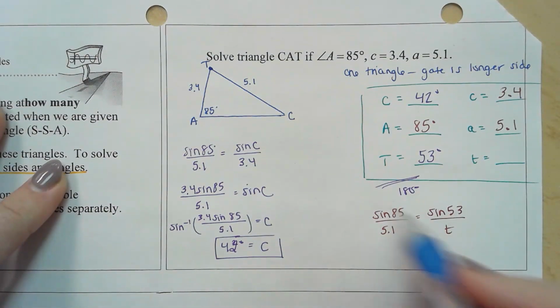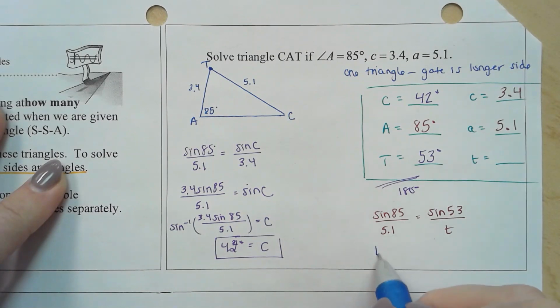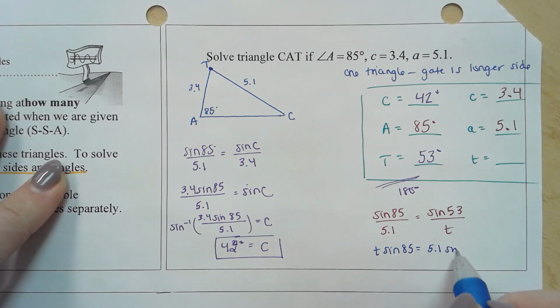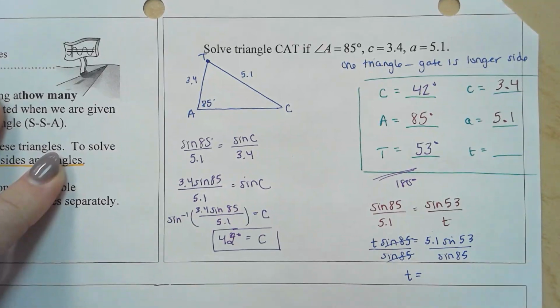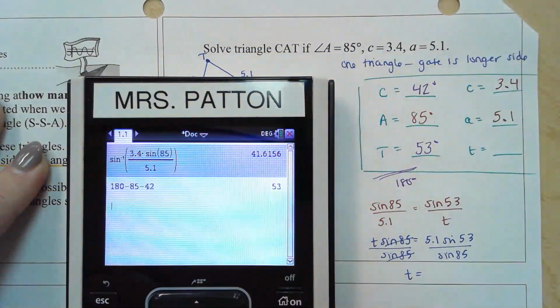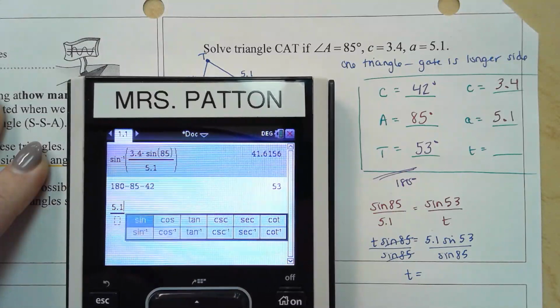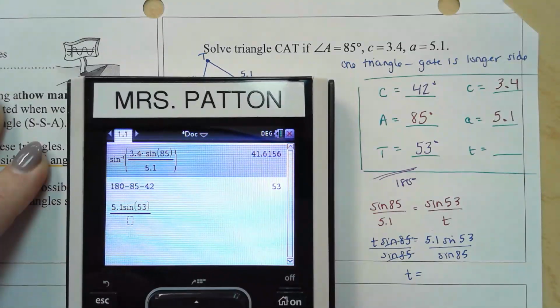And I think this is a great case for cross multiplication. So I have t times the sine of 85 equals 5.1 times the sine of 53. And then I'm going to divide both sides by the sine of 85 before I grab my calculator. So I have, in my fraction, 5.1 times the sine of 53 all over the sine of 85.